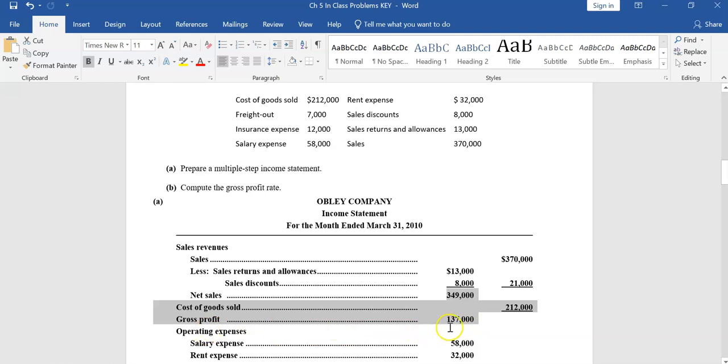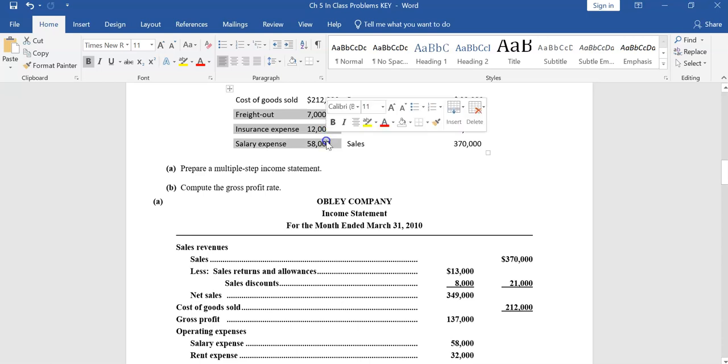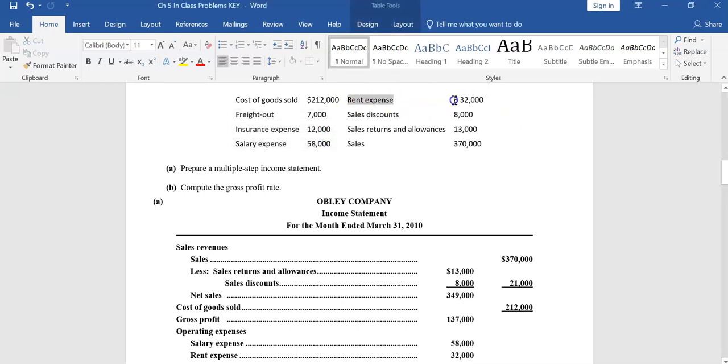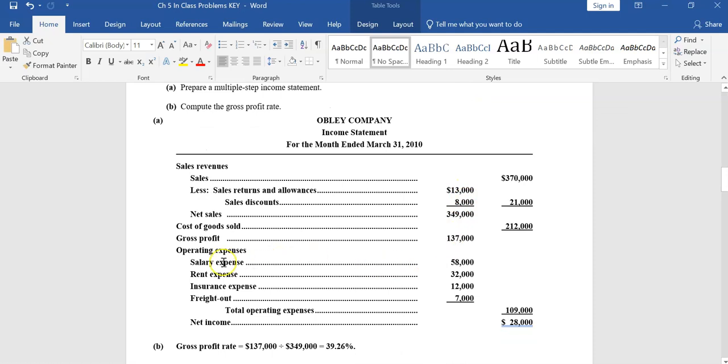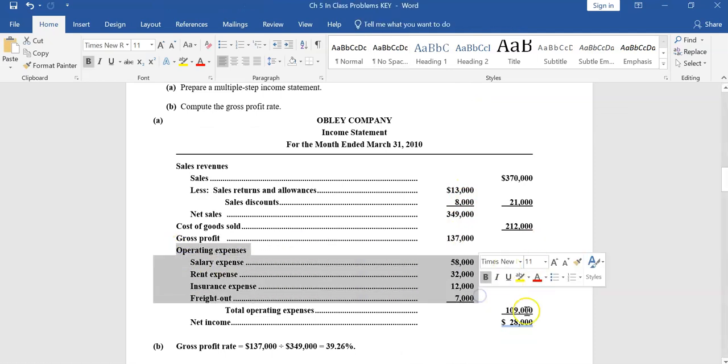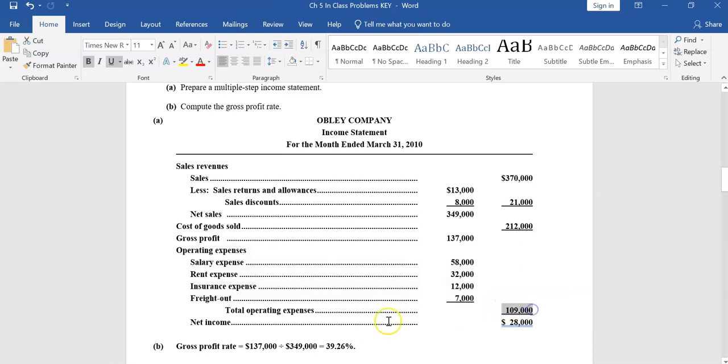Gross profit is not the same as net income, because net income takes into account all of the other costs of earning those sales. Freight cost, insurance cost, salaries cost, or rent expense. Those expenses are what we call operating expenses. Total operating expenses were $109,000.